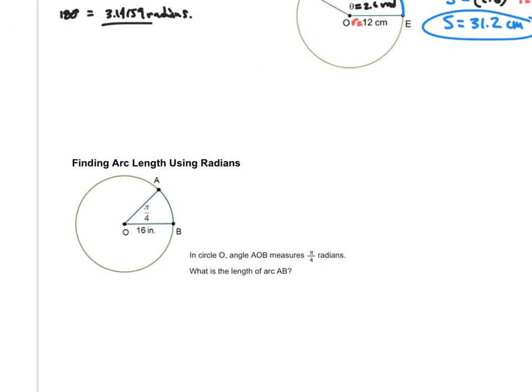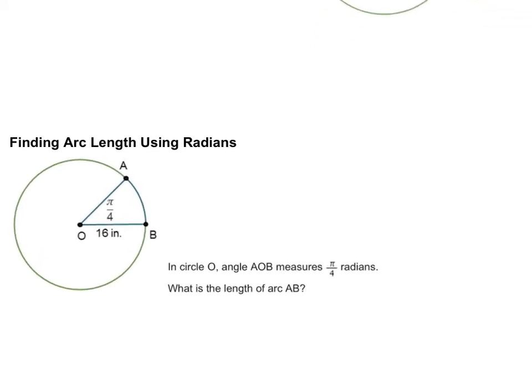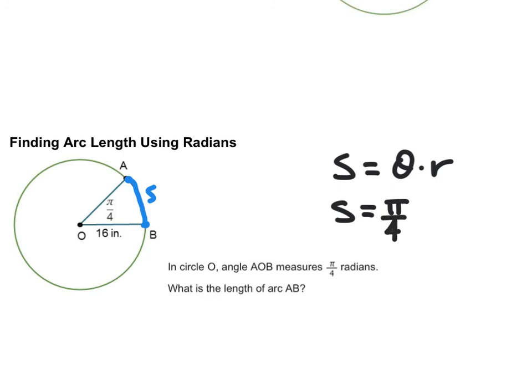Let's move on to the next one. Finding the arc length using radians. In circle O, angle AOB has a measure of pi over 4 radians. We want to know the length of arc AB. Same thing: I'm still going to use s is equal to theta times r. So my arc length s, this length here from A to B, is equal to our angle measure in radians, pi over 4 radians, times our radius, which is 16 inches.